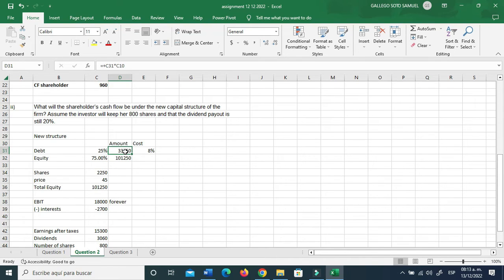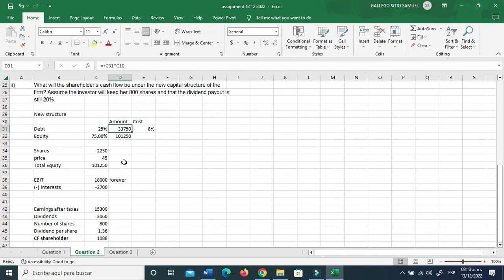And since I don't have any more information, what I assumed was that this company took some debt from the bank at 8% to repurchase a few stocks. So that's basically the core of this exercise.